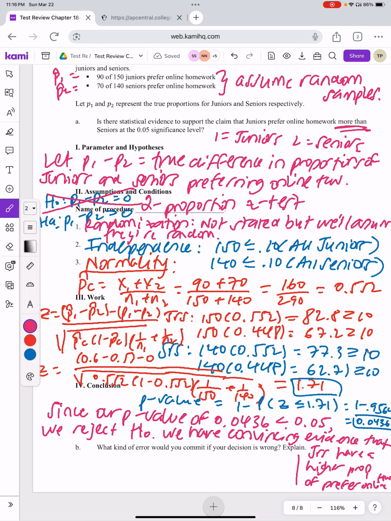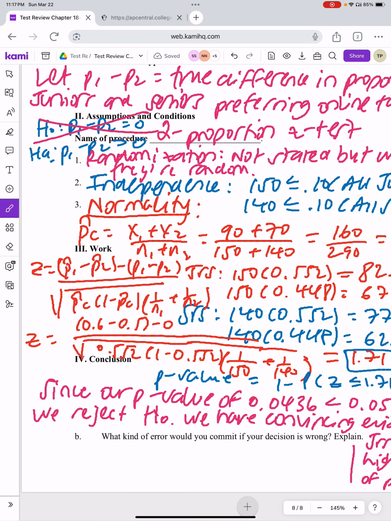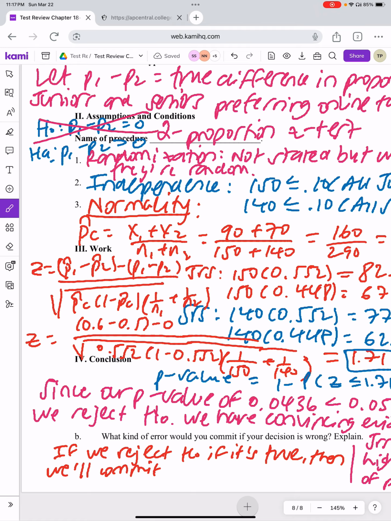Okay, so because we rejected H0, if we reject H0 when it's actually true, we commit a type 1 error. The reason why this is the case is because that's the definition of a type 1.